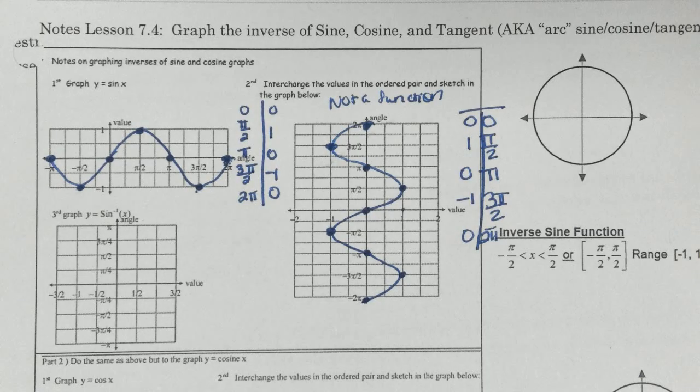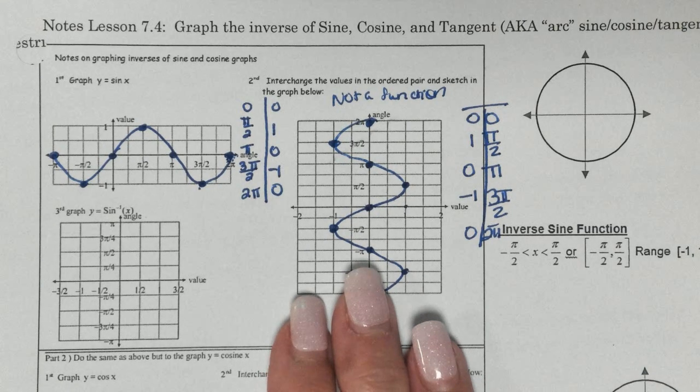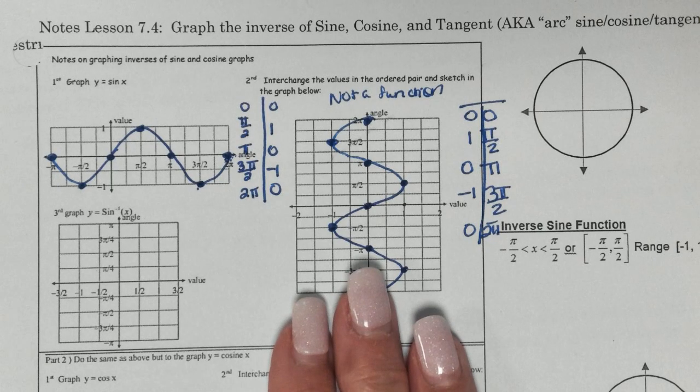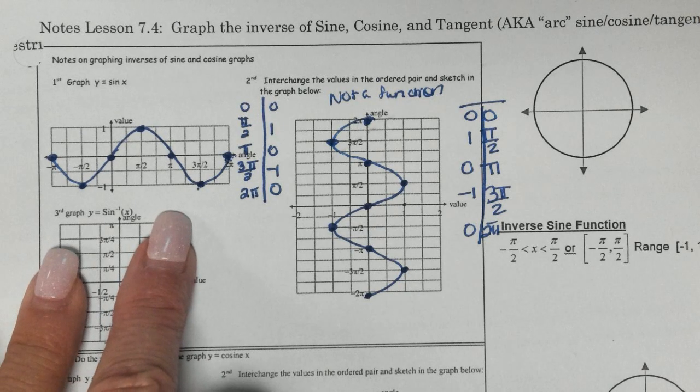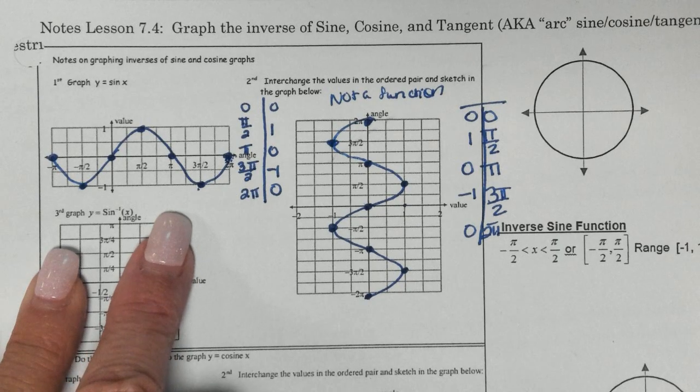All right, now, since this is not a function, remember when we had parabolas or any of our other graphs, when we created the inverse, we wanted the inverse to be a function. What did we have to do in order to get a function with the inverse?